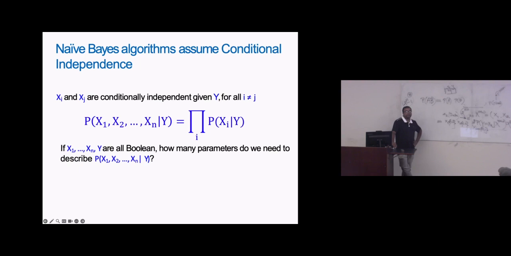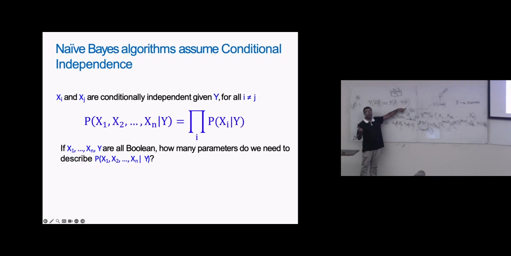Just n, because they're independent. Each of them is a binary random variable. So for A, you have 1. For B, you have 1. If you have n, then you have n.